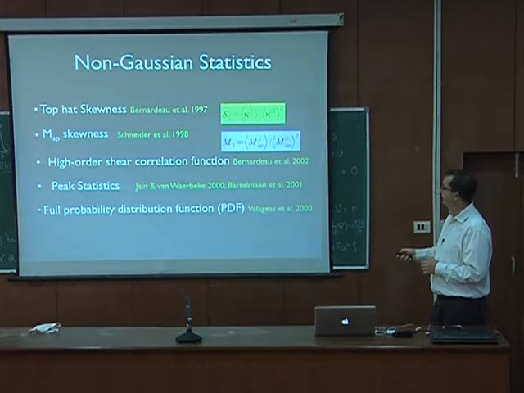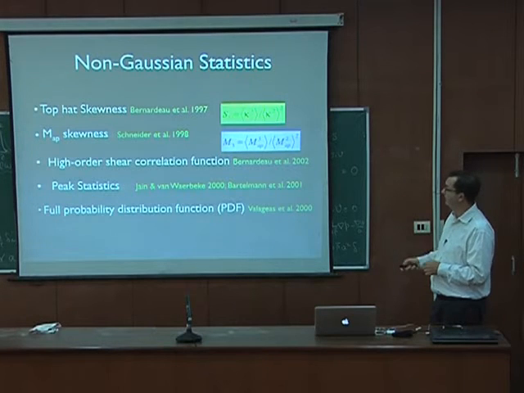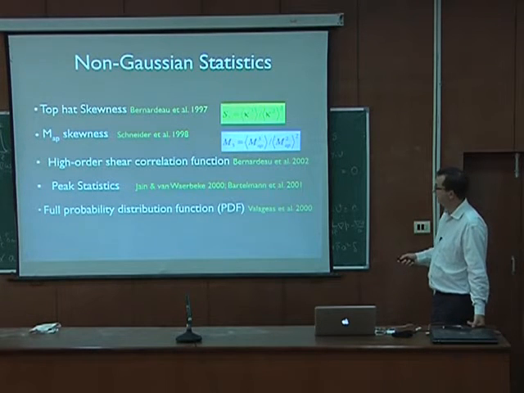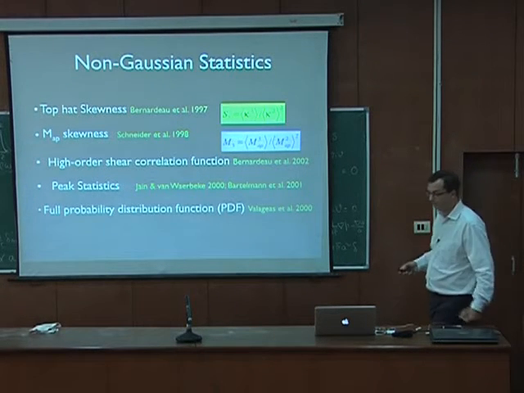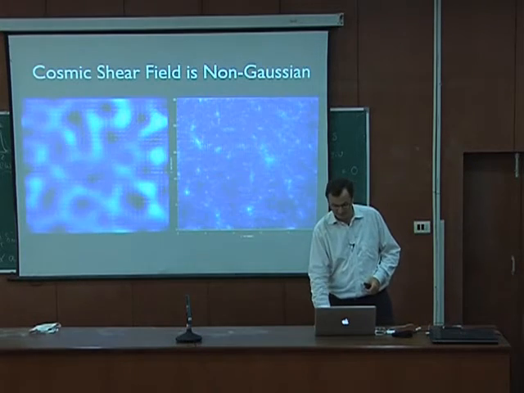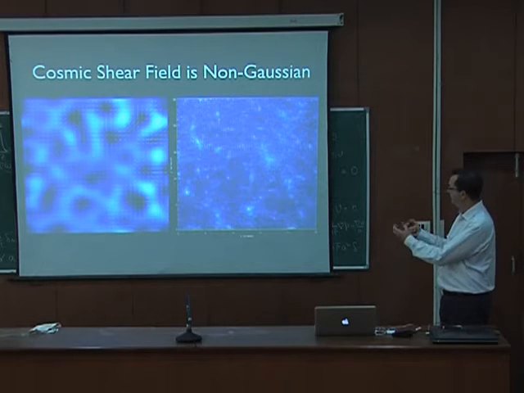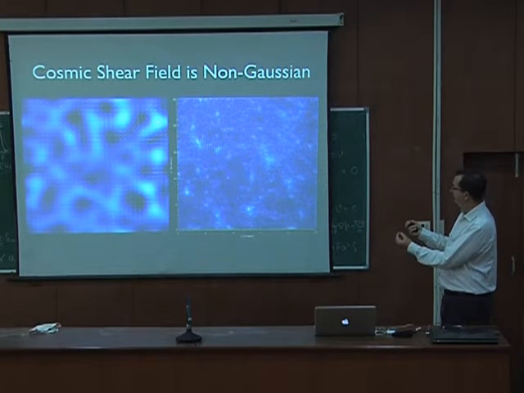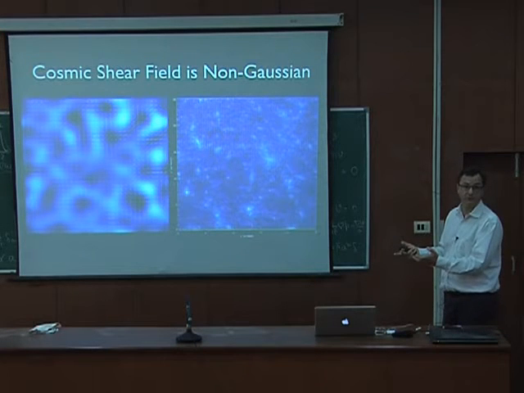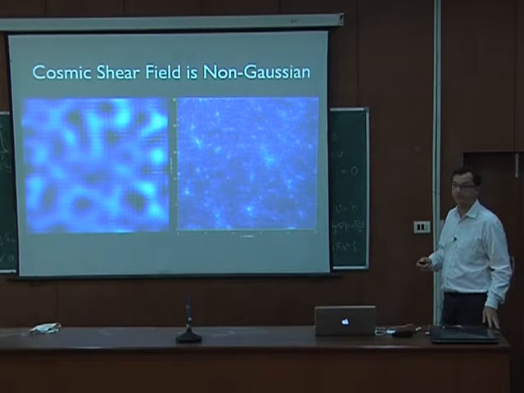Okay. Another very interesting one, which is now being pursued very actively, is to look at so-called peak statistics. So you see most of the shear signal is coming from these clumps, which are galaxy clusters, actually, which are the intersection of these large-scale filaments.